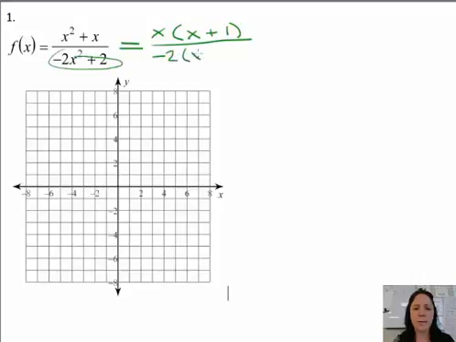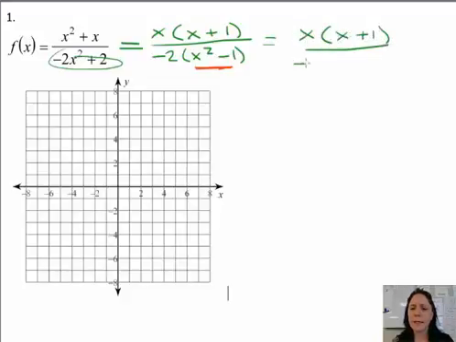That leaves me with x squared minus 1, and that is a difference of squares, so we're going to have to go on and factor it again. I have x plus 1, negative 2, x plus 1, x minus 1.